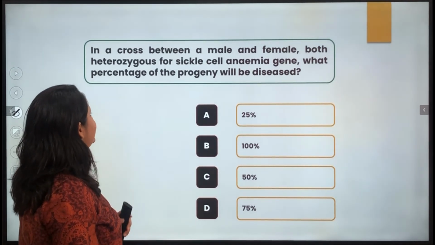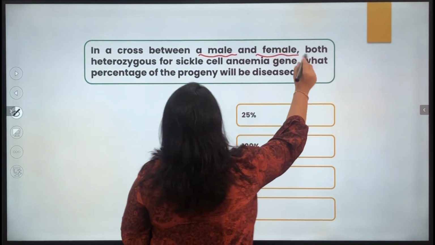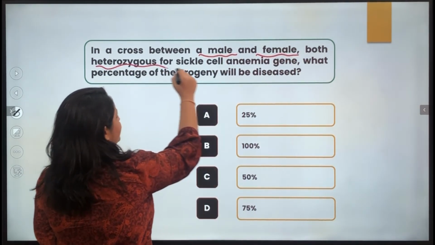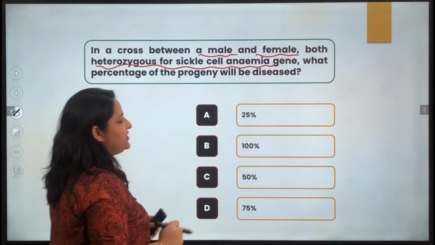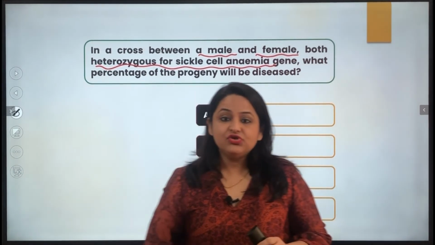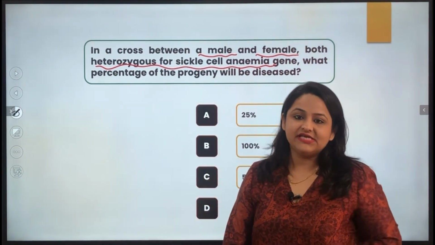Here they are saying, in a cross between a male and a female, both of which are heterozygotes for the sickle cell anemia gene, what percentage of progeny will be diseased? So here the parents are heterozygous for the diseased allele.